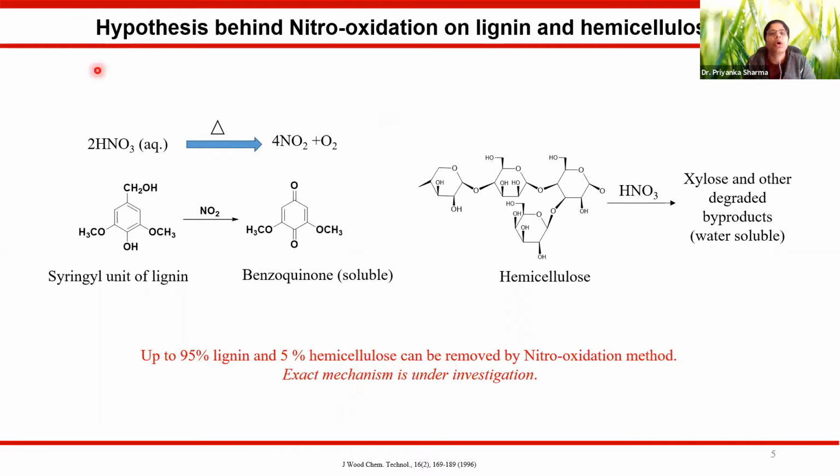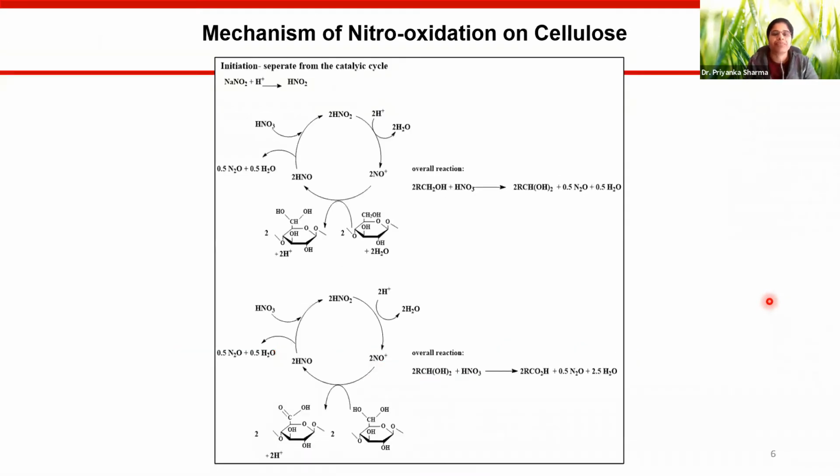So these are all the theoretical mechanisms which we were able to find during this development, but the exact mechanism of reaction of this NOP process on lignin and hemicellulose is under investigation, and we are working on this as well.